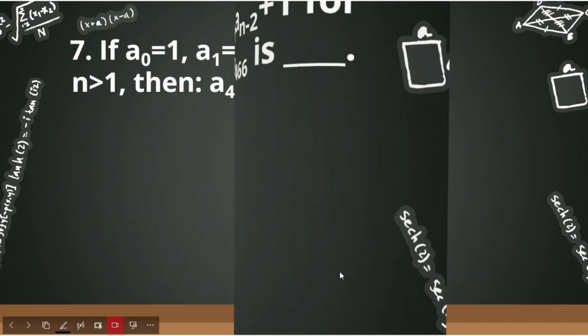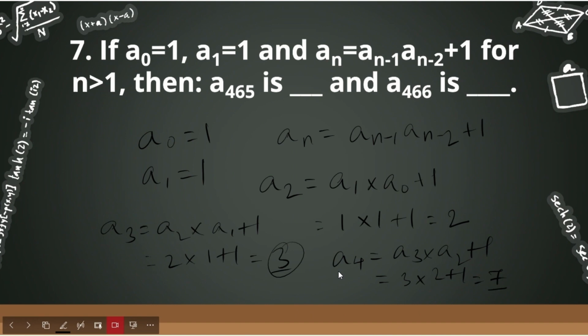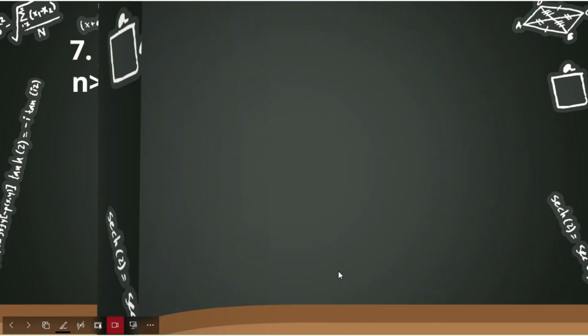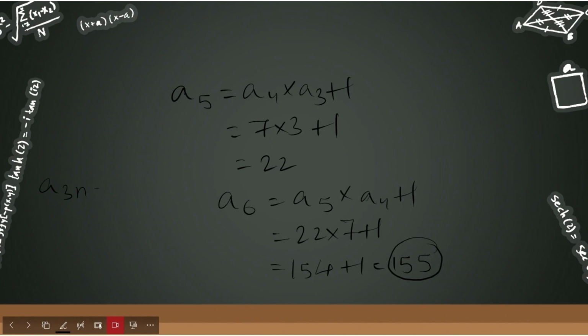So both are odd. If we find a9 similarly, and all the multiples of 3, a9, a15 and like that, we'll find that all their values are odd numbers. So from this logic, we can conclude that for a3n, all the numbers are odd.